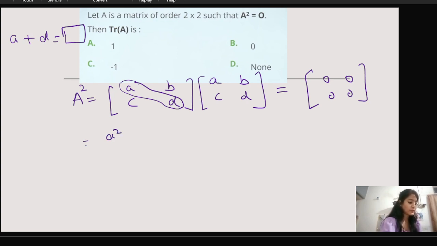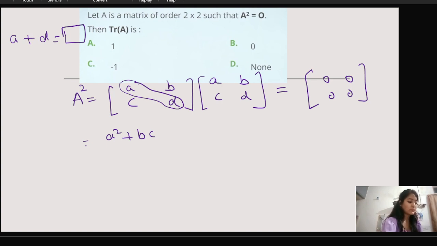So that means when we multiply these two matrices, what are we getting? A square plus BC. We have already discussed how to multiply matrices in the first video, and in the second lecture also we have done some questions of multiplication. So if you have not done so, just go and watch them and understand how we multiply matrices.